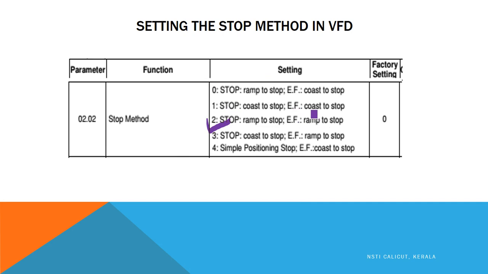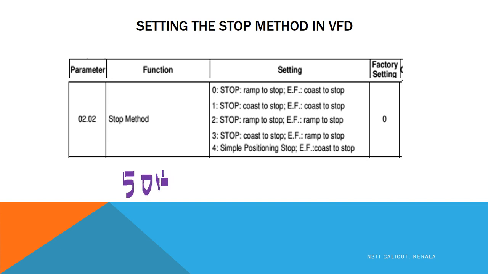And in this item, you will be able to see, in the RAM method, the machine will be giving the frequency. Suppose you are stopping the machine at 50 Hertz.